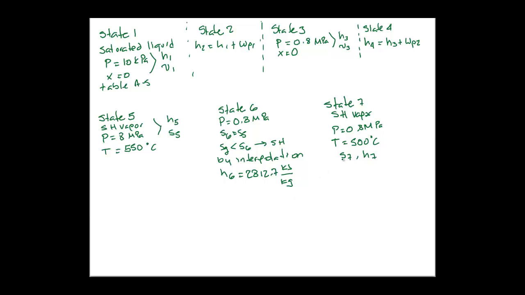We're going to need this S again, since we are going to assume that state 8 is after an isentropic expansion. We know that pressure is equal to 10 kilopascal and the Sg is greater than S7.